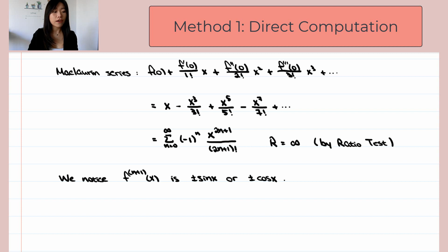And these four functions are all bounded above by 1. So the absolute value of the n plus 1 derivative is always smaller than or equal to 1. And that is true for all x.